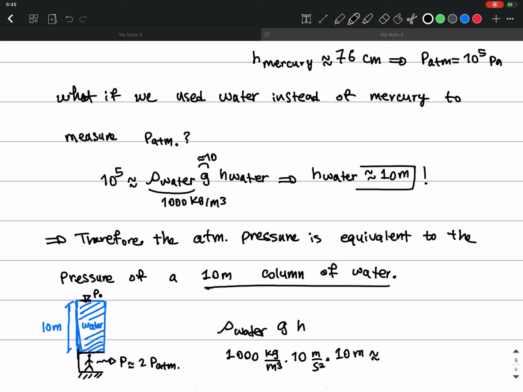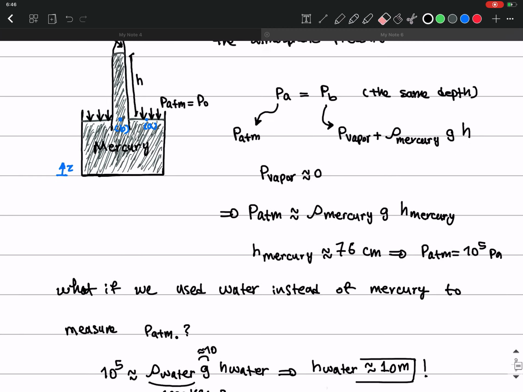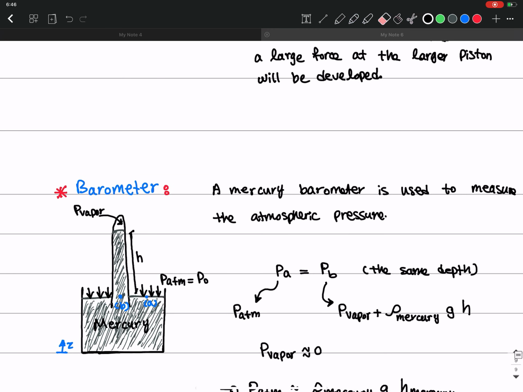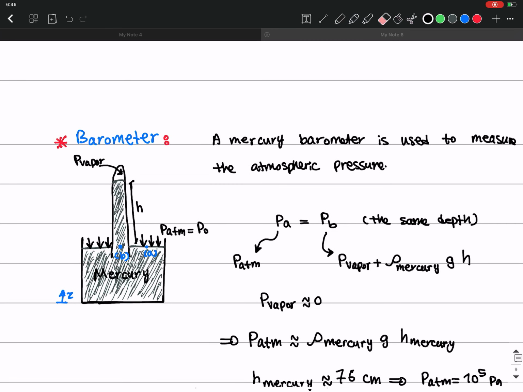So it's going to be around 10 to the 5 Pascal, or Newton per meter square. So this is how you can calculate the atmospheric pressure, and a barometer is used for this type of calculations and measurements.